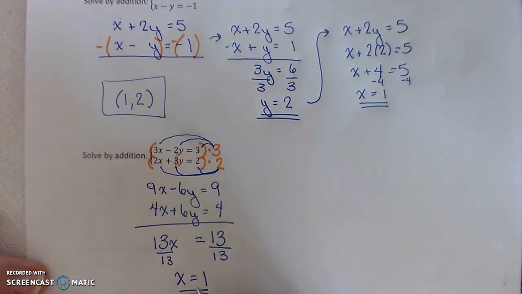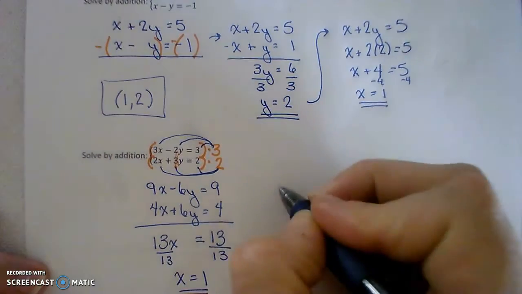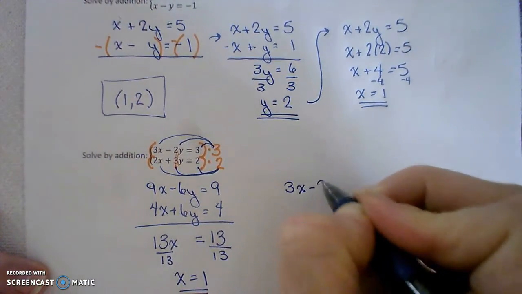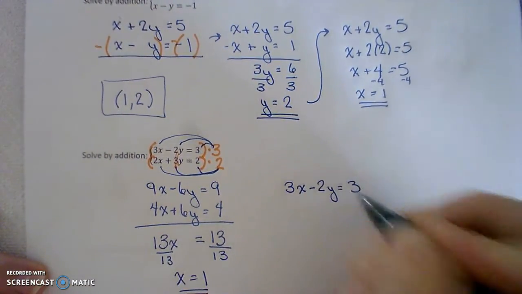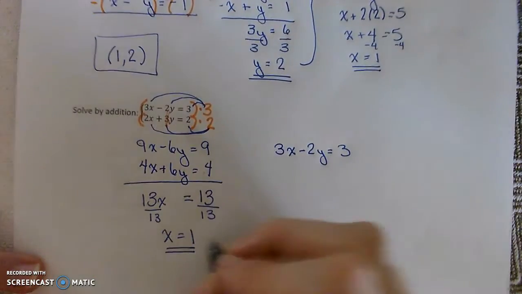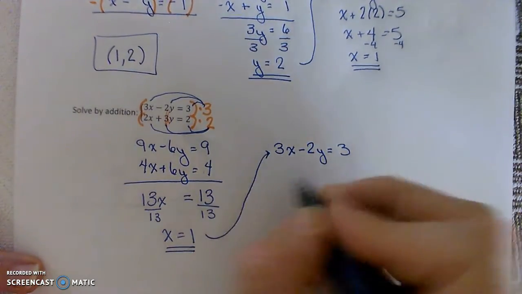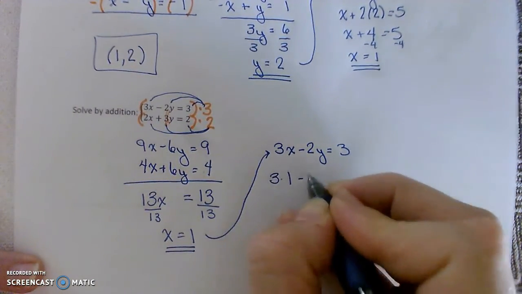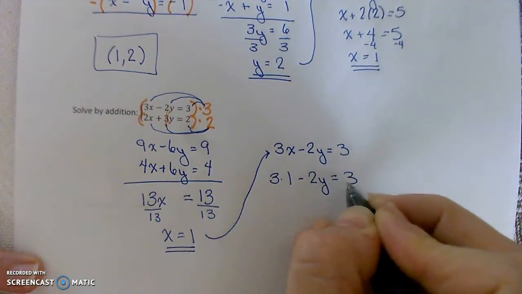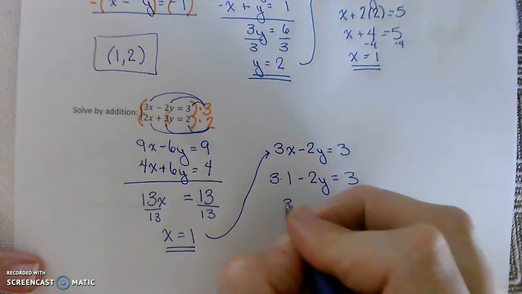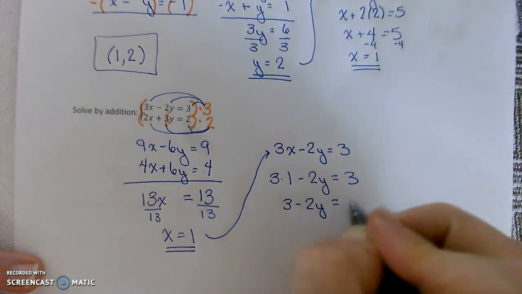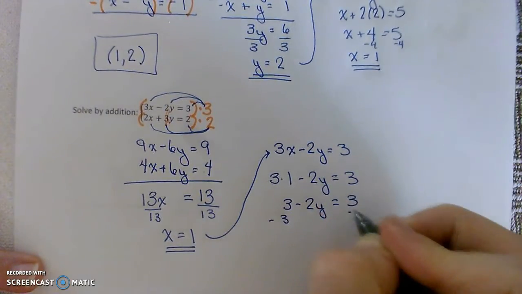Wonderful. And then let's go ahead and plug that into either one of these two equations. I'll start with the first one. 3x minus 2y equals 3. Let's plug in x equals 1. 3 times 1 minus 2y equals 3. And let's solve for y. 3 minus 2y, let's subtract 3 from both sides.